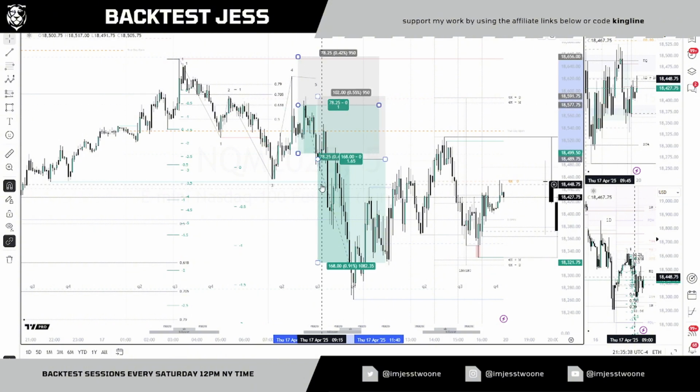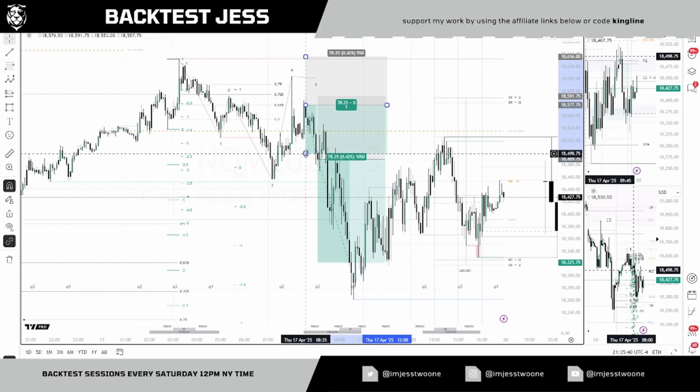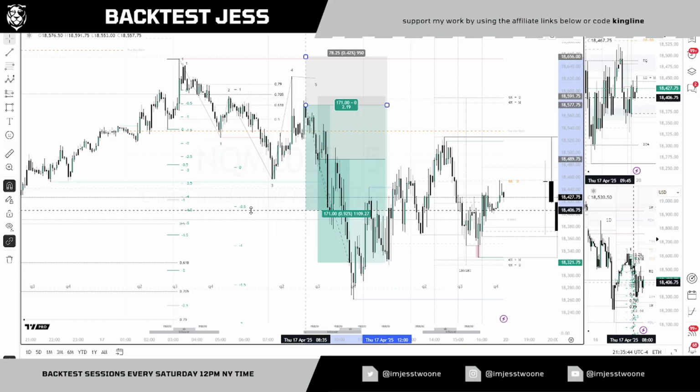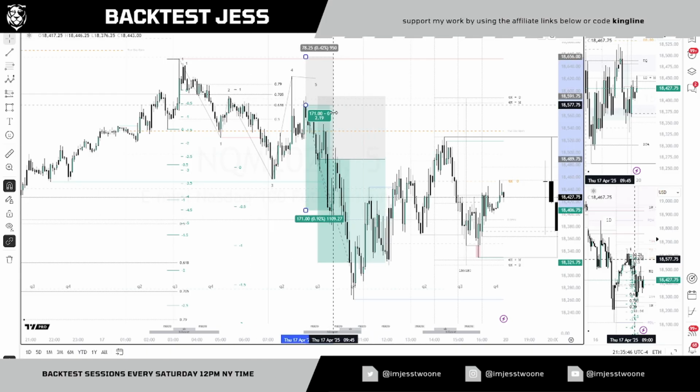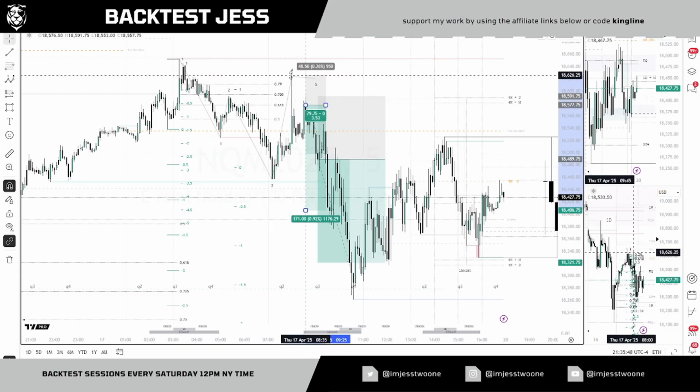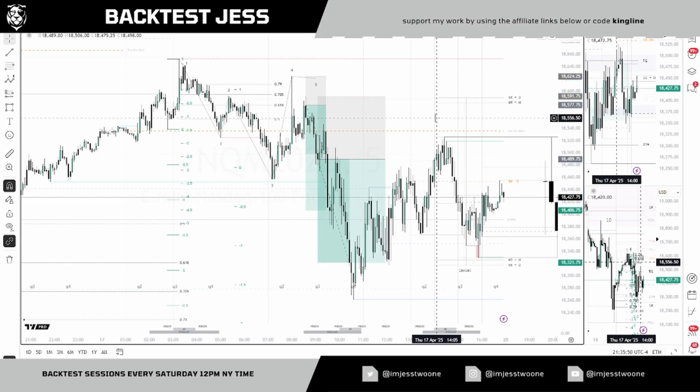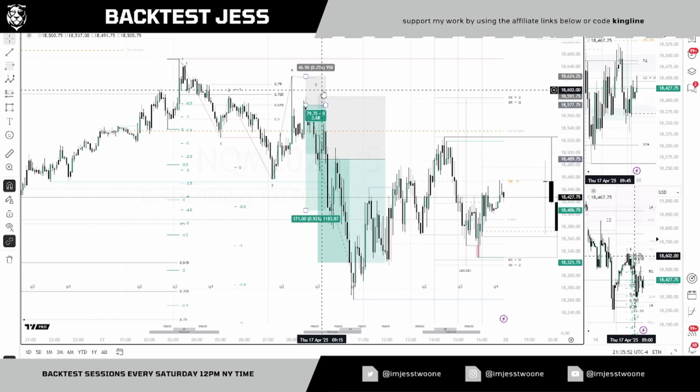Again, same framework, so I guess it all applies for recognition. 4.5 he was targeting here, and his stop loss, I assume, was at the swing high. I'm gonna assume. So he had a 3.6 R trade. Beautiful. And he got 171 points. That's amazing.